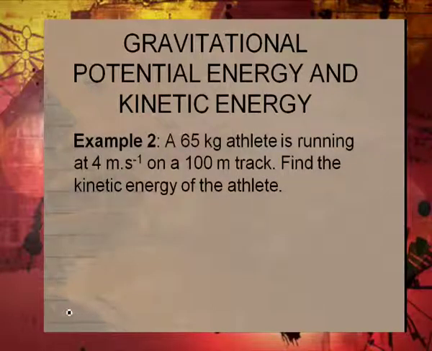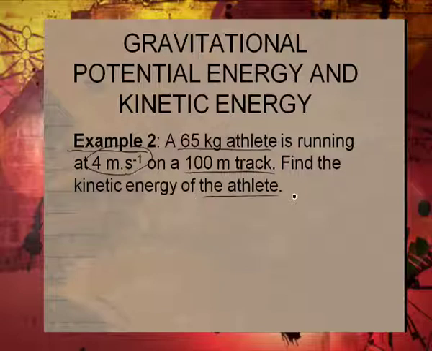All right, example number 2, let's have a look at this one. It says a 65 kilogram athlete is running at 4 meters per second on a 100-meter track. Find the kinetic energy of the athlete. EK equals half m v squared. So it's half times mass times velocity squared. So this would mean it's equal to half times what is the mass of the athlete?